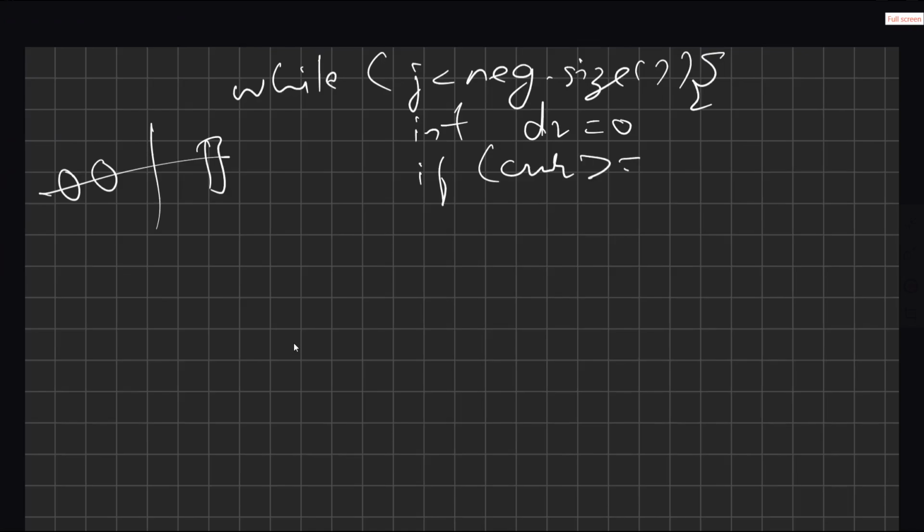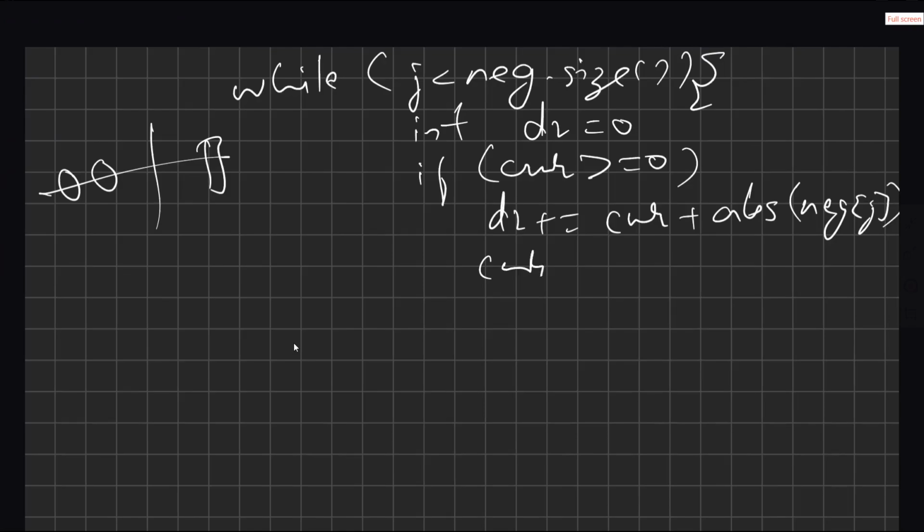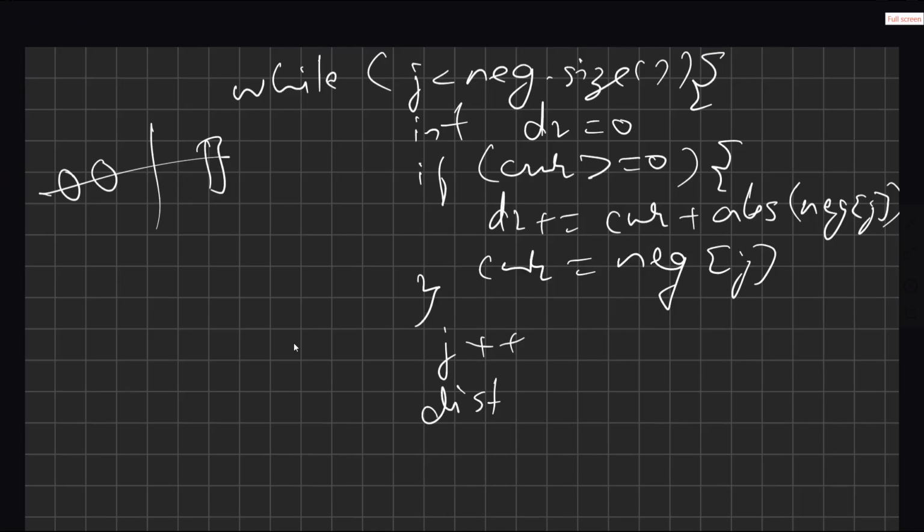If it is greater than or equal to 0, your distance 2 is going to be your current plus the absolute value of negative of j, and your current will now be pointing to negative of j. And j you can directly increase now because we don't have any comparing element on the positive side and negative side. And in the total distance you're going to add d2, and at the end you just print the distance. That's it.